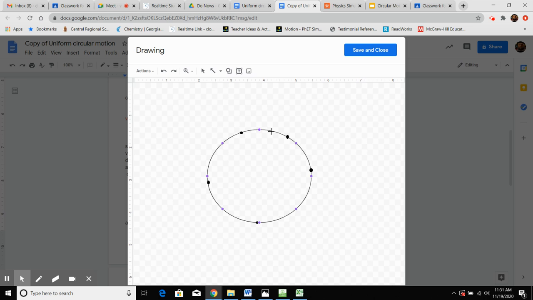Now, once you do, you're going to go over one of these little dots here, and we're going to draw a tangent line. A tangent line is pretty much a straight line coming off any point along this circular path. So I'm going to click on this guy, and I'm going to draw a straight line out that's tangent to its path. Now, guys, it's not going to come out perfect, so don't freak out over that.